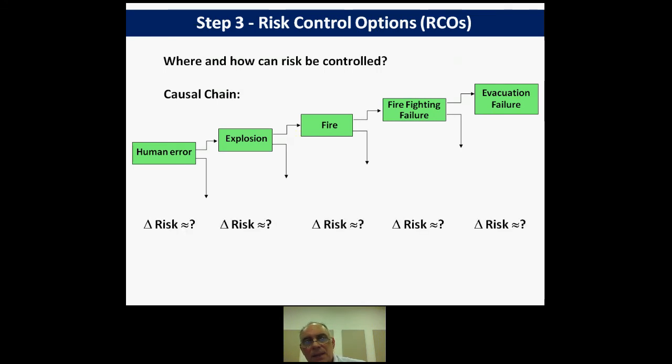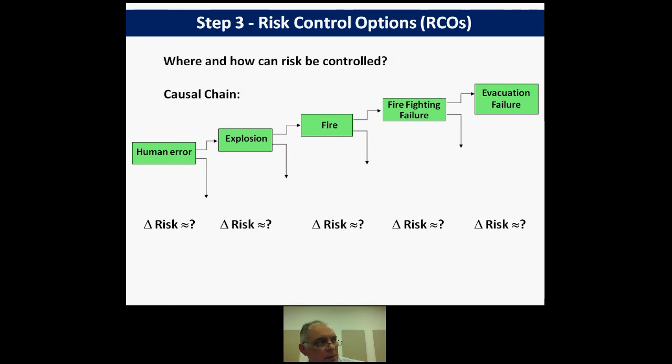And with regard to deciding on what risk control options to choose, it is important to be able to estimate what the influence will be of the risk control option on the existing risk.